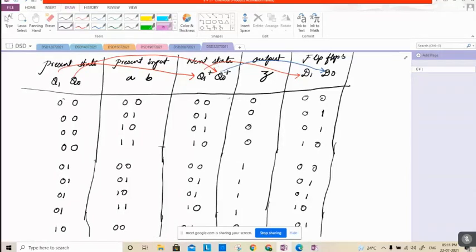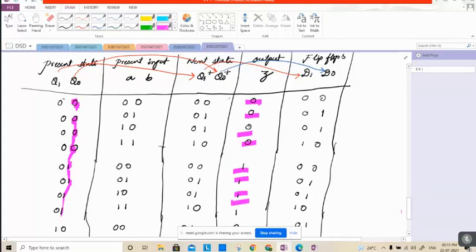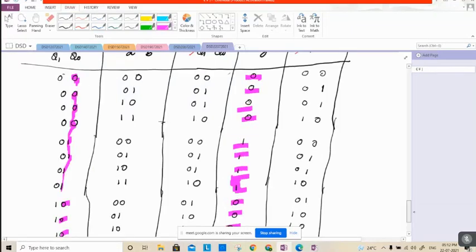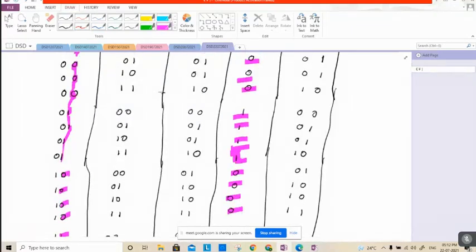Q0, 0, 0, 0, and this is 1. So directly Z is equal to Q0.